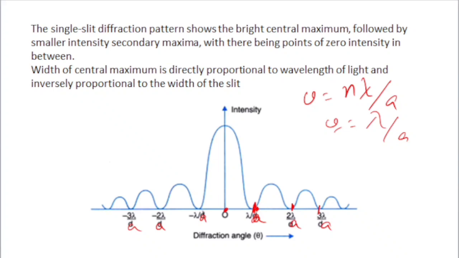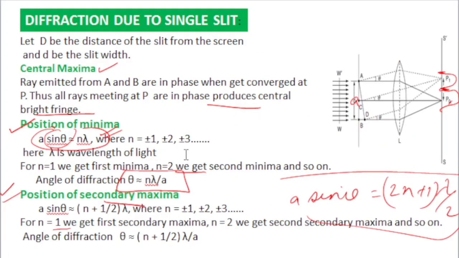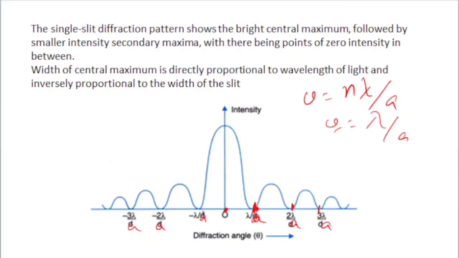And what is the condition for maxima? Theta equal to (2n plus 1) lambda by 2. This is the condition for maxima. So you put n equal to 1, 2, 3, and you get the first secondary maxima, second secondary maxima, third secondary maxima. The first secondary maxima has less intensity than the central maxima.